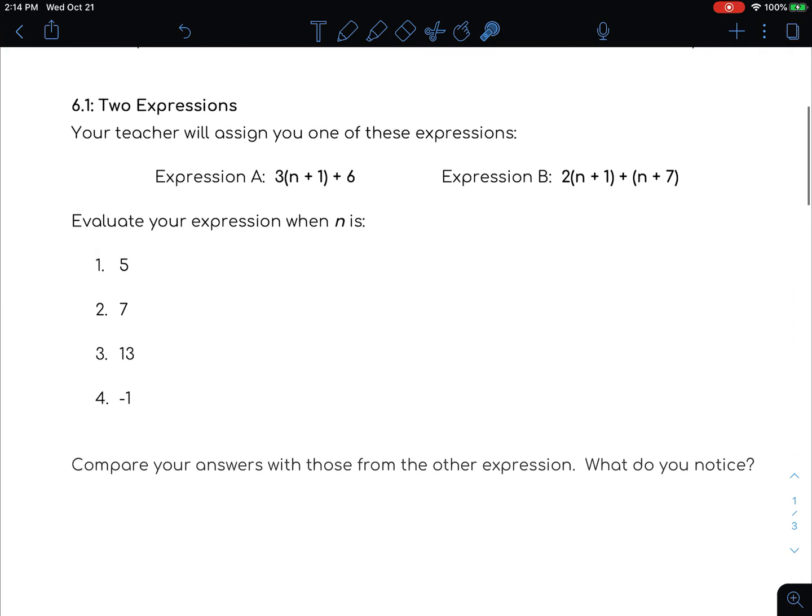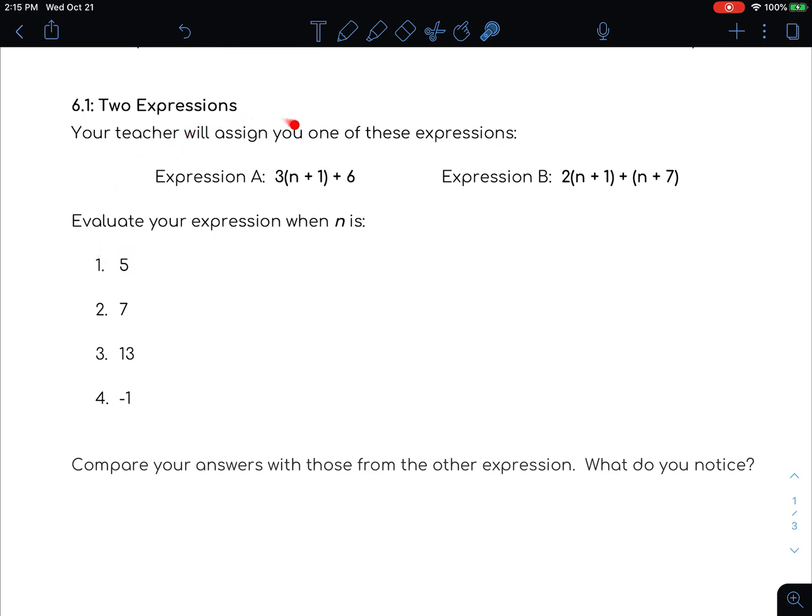Okay, so our 6.1, two expressions, says that your teacher will assign you one of these expressions, expression A or expression B. Now, if we were doing this in class, which I will be doing in class, but for those of you who are not in class, we're going to look at what happens if we evaluate the expression when n is a certain number.